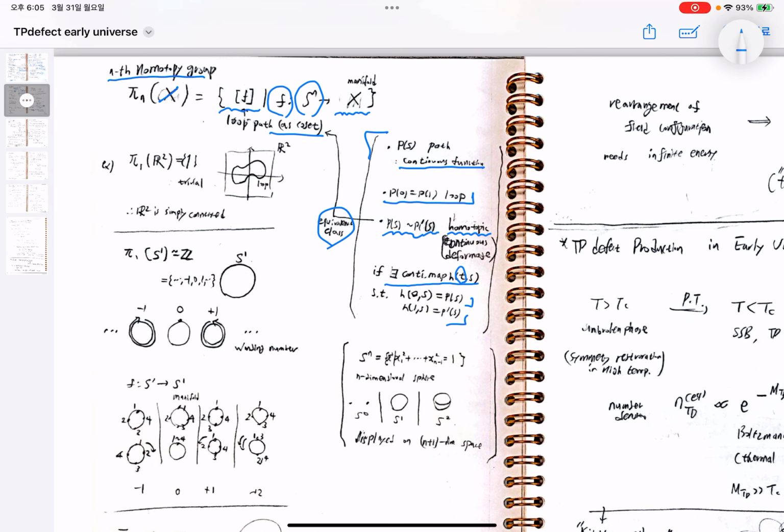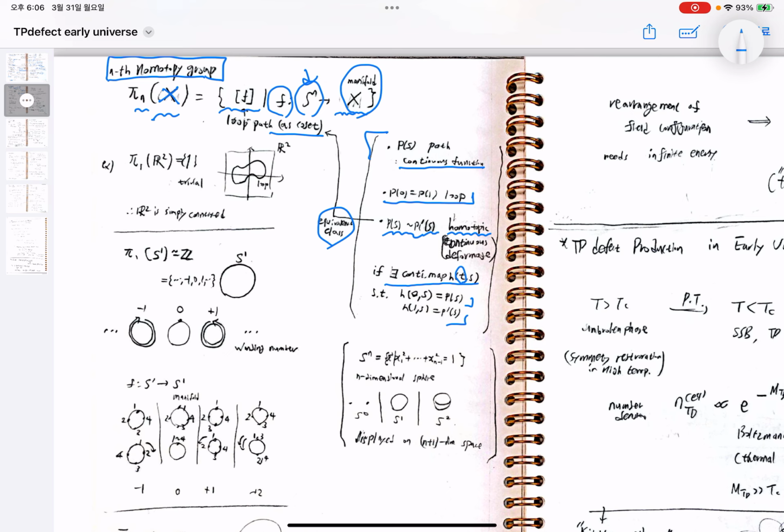So X is a manifold, and S^n is the spatial infinity. So the definition of the homotopy again: the mapping from S^n to the manifold X, and if we collect all the cosets under the homotopy equivalence relation, then this is called the n-th homotopy group of the manifold X.